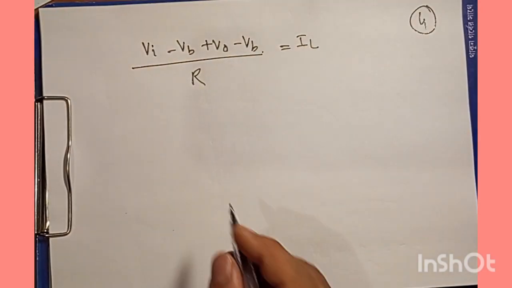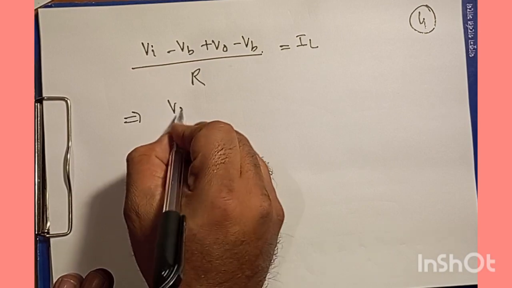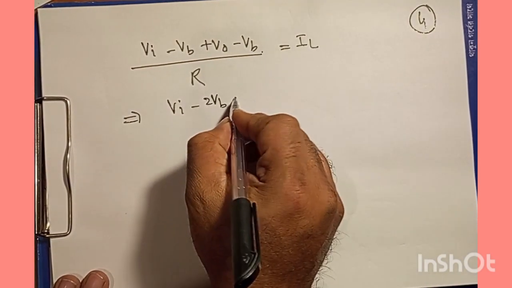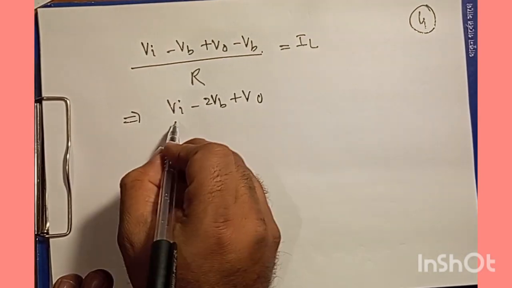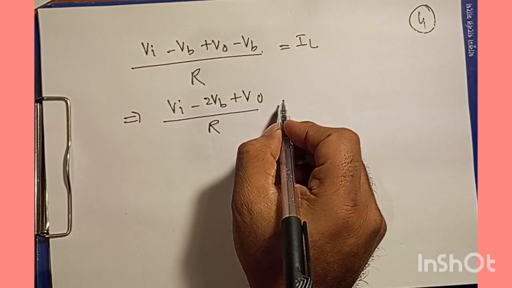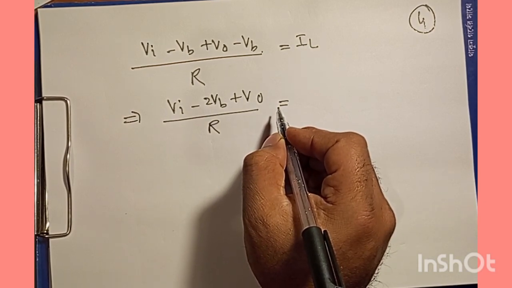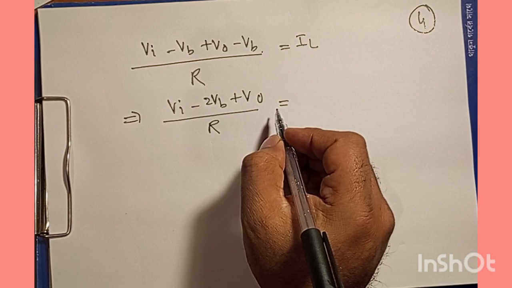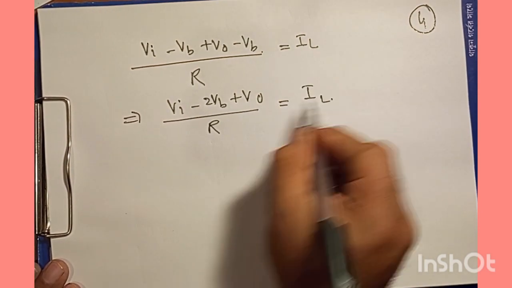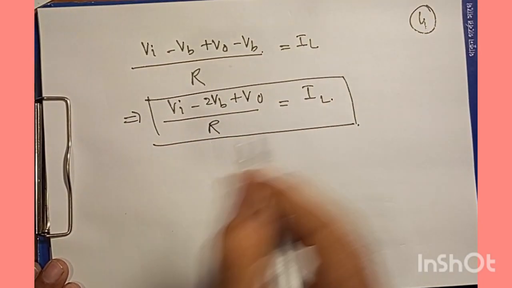This is the case, right? So we can have here VI minus twice VB plus V out, divided by R, equal to IL. So this should be IL.